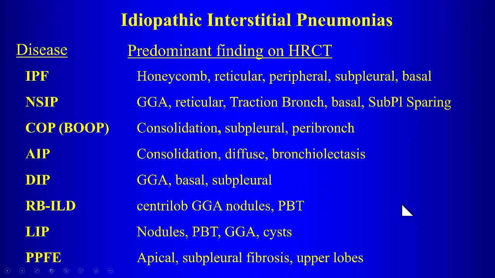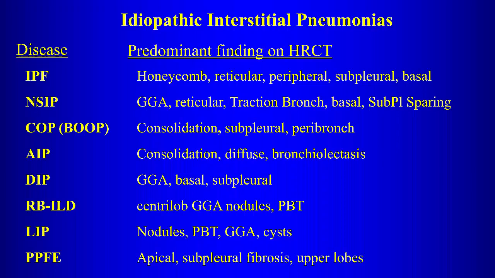So in terms of the idiopathic interstitial pneumonias, know where they are different, and that's what we stressed here. For idiopathic pulmonary fibrosis, we're looking for honeycombing, reticular, peripheral, subpleural distribution, tends to be worse at the lung bases. For NSIP, predominantly ground glass, can be reticular. We're looking for traction bronchiectasis.